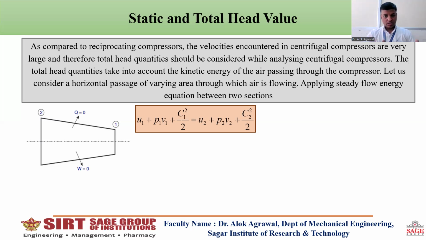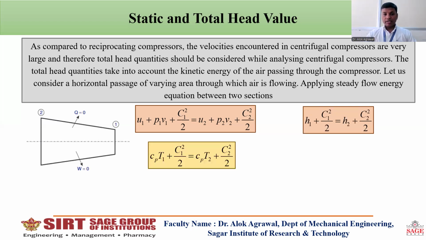This shows the law of conservation of energy, as no heat and work interaction is taking place between the system and the surrounding. Now U1 plus P1V1 can be replaced by the enthalpy at inlet, H1, and U2 plus P2V2 is the enthalpy at outlet, H2. We know that enthalpy can be written as Cp T, because there is thermal energy associated with it, and this can be expressed in terms of temperature and specific heat of the air or whatever fluid we are talking about.